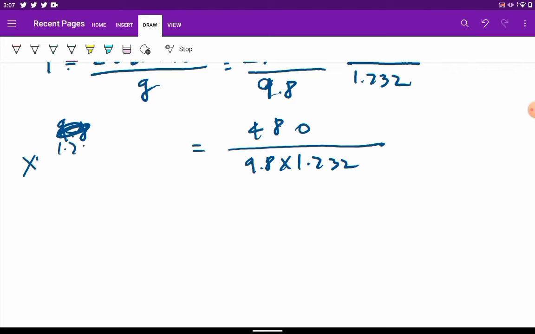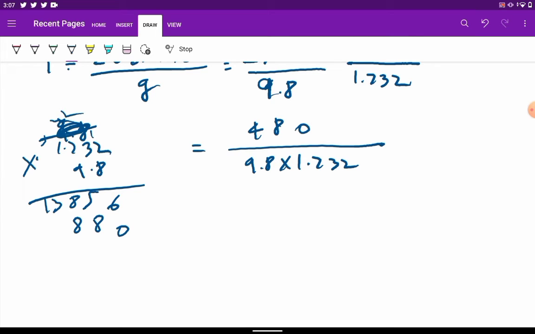So 9.8 into, let's go the reverse, 1.732 into 9.8, 16.9736 with 4 decimal digits. I'm just approximating it for now.